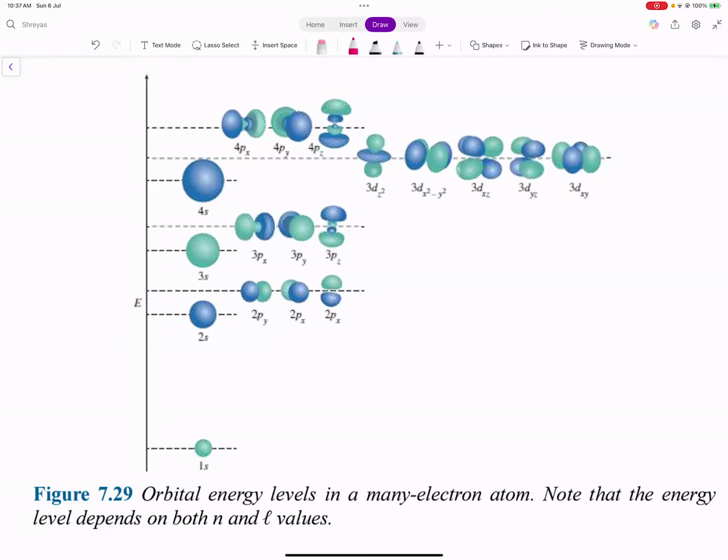So if I give you two orbitals, you can tell me which is higher in energy? No, you just check and see how you will calculate, how you will figure it out. First, simply we will calculate n plus l.